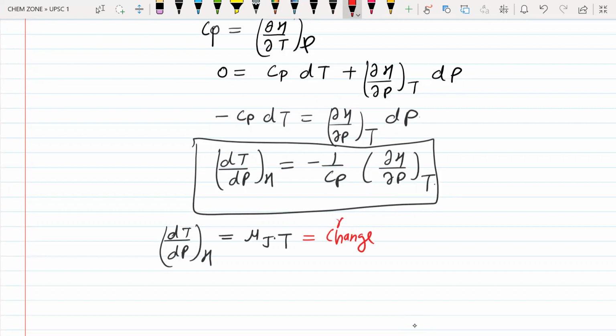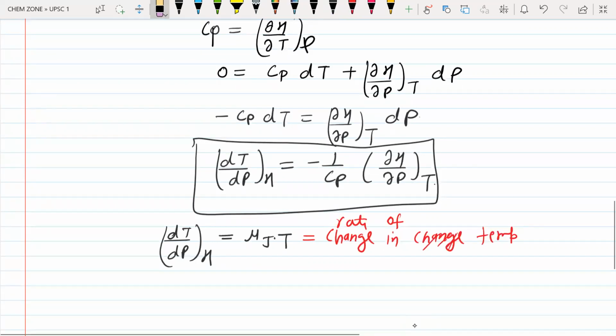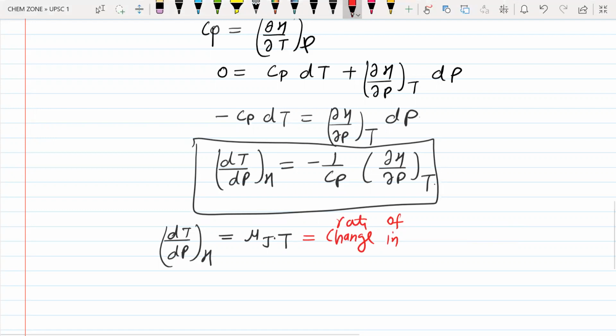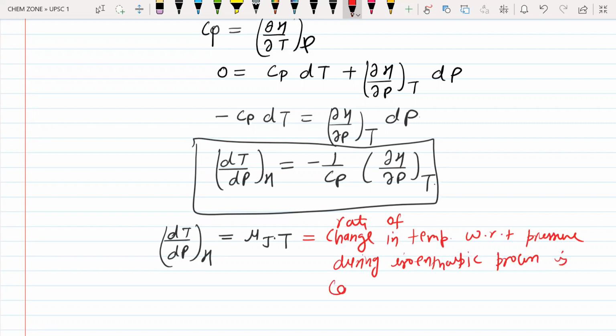We can write rate of change in temperature with respect to pressure during isenthalpic process is called Joule Thomson coefficient, represented as mu JT.